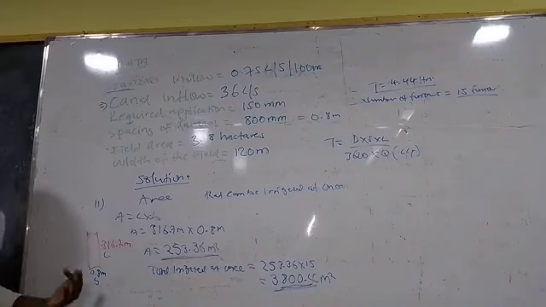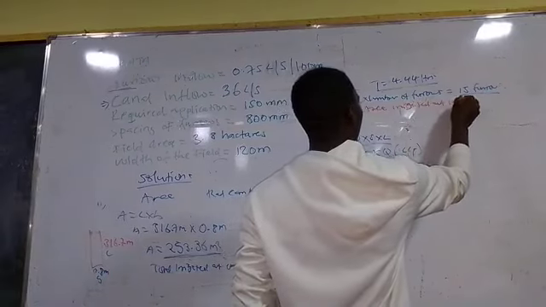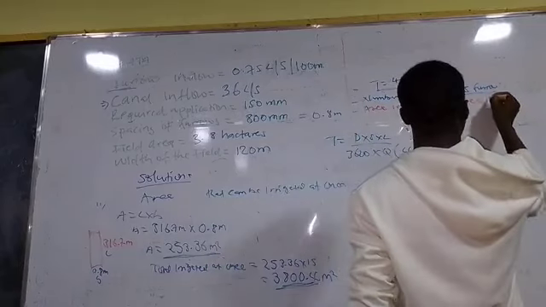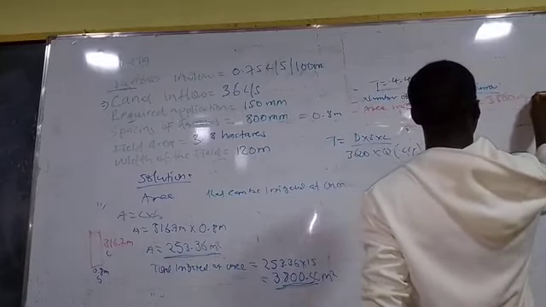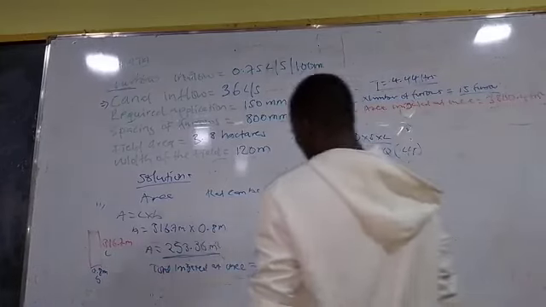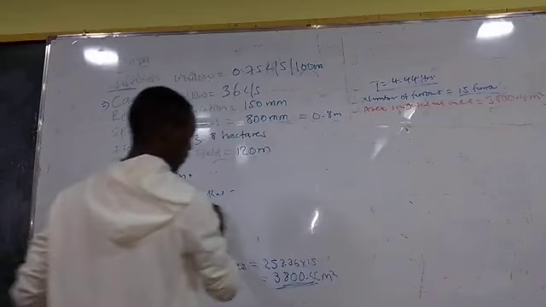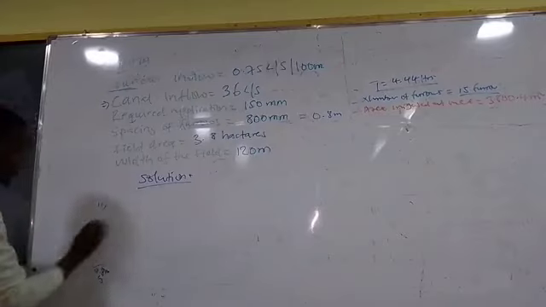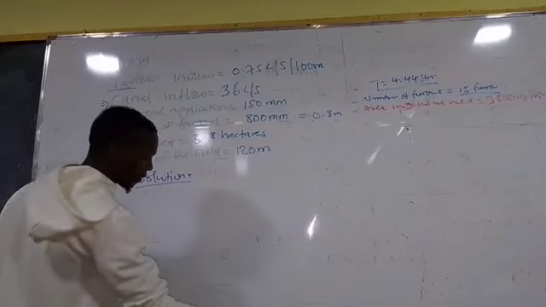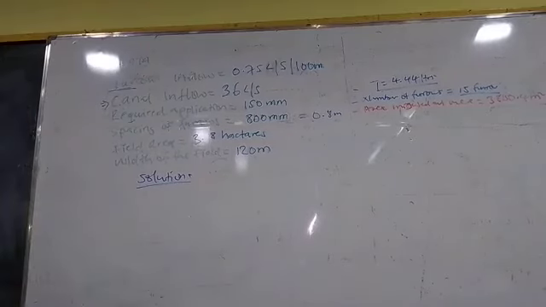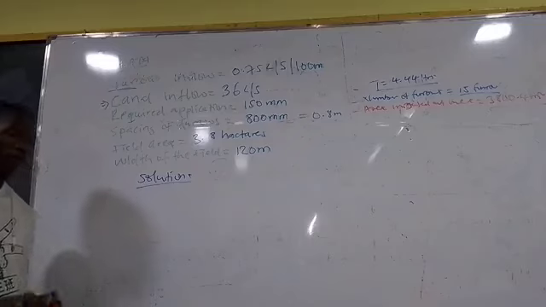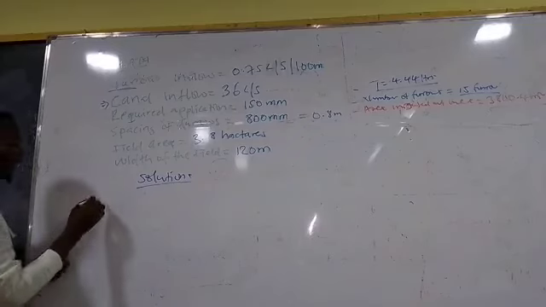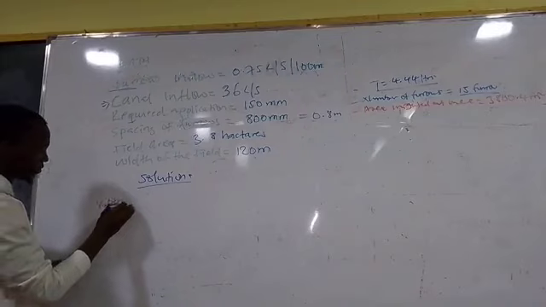The quantity, the cube, is equal to how much? That's okay. So we are going to get rid of this. What's the next question? 4 hours for 4 minutes.